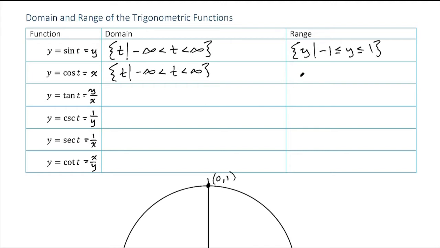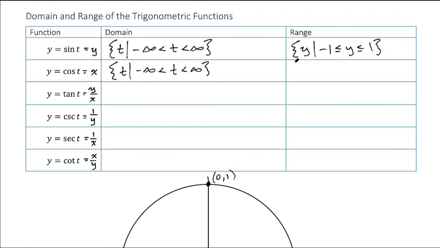The range is, now this is going to look a little bit confusing because I'm going to say it's a set of possible y, only because here I have y equals. I know it's kind of confusing because I have this y over here. This is the y on the unit circle. Maybe I'll call that something else. I'll just have a slightly different notation, just so that we recognize that this y is different.